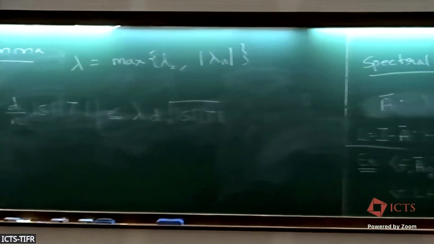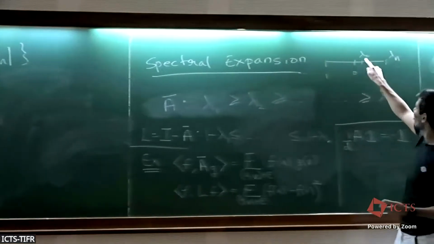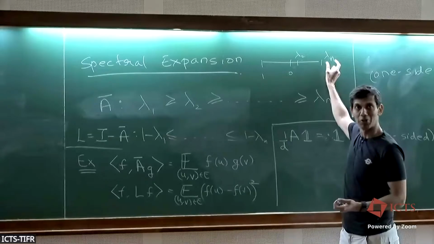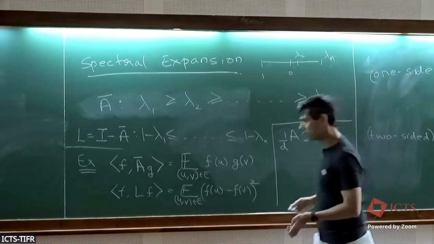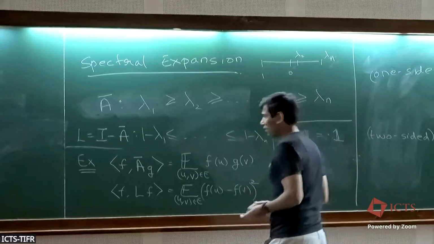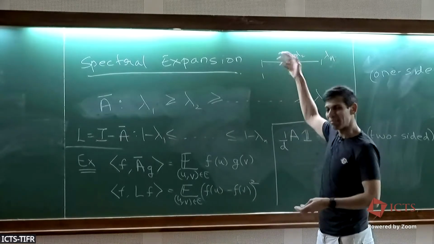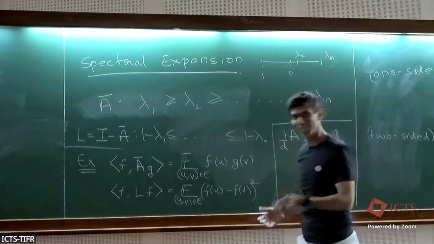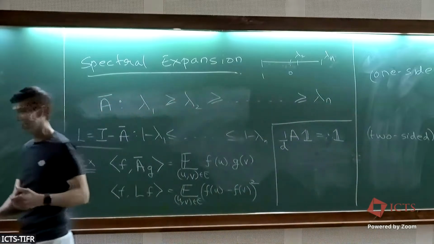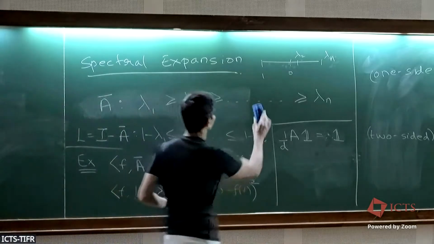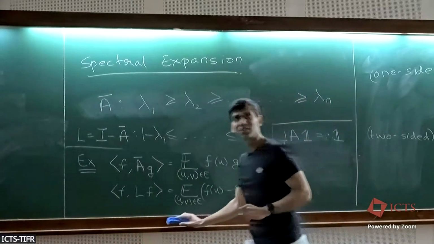So the second largest eigenvalue in absolute value will be either lambda 2 if it's on this side of the origin, or the absolute value of lambda n. And it can also happen that lambda n is also on this side of the origin, but then its absolute value will be smaller than lambda 2. So these two quantities suffice. Maybe they're not both always necessary. Other questions?